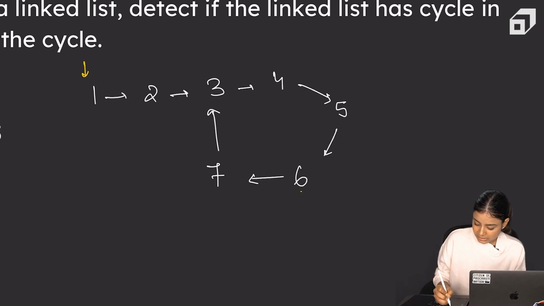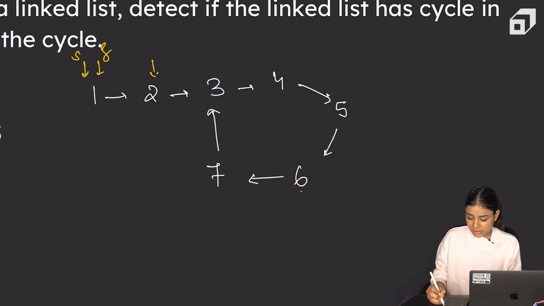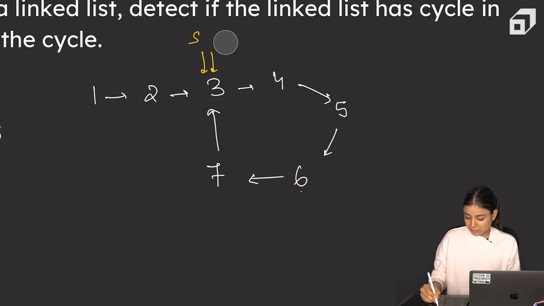So for example, if we start our slow and fast pointer here, in the next iteration we'll have slow here and fast here. Next iteration we'll have slow here and fast here.